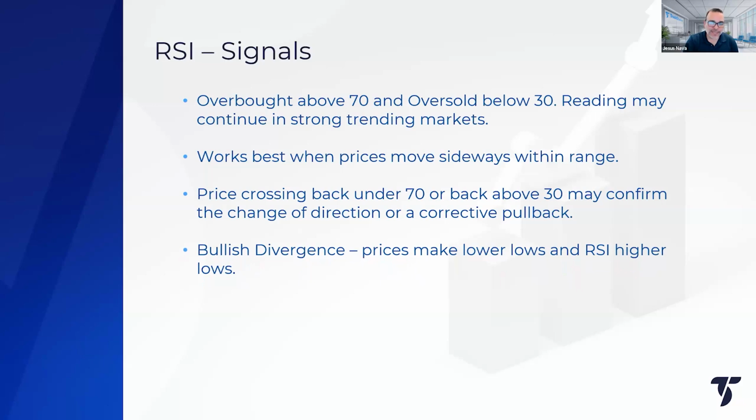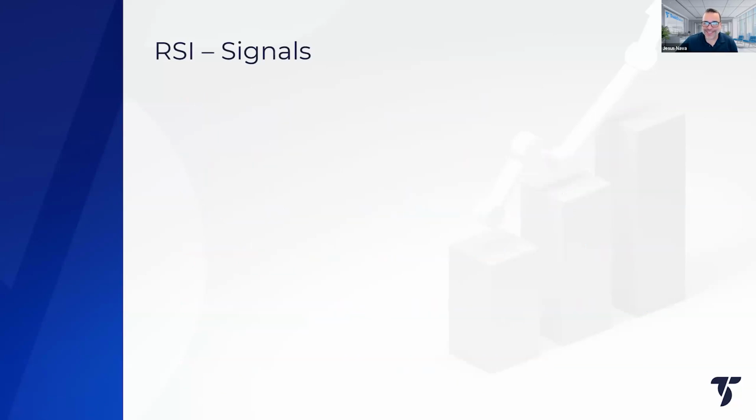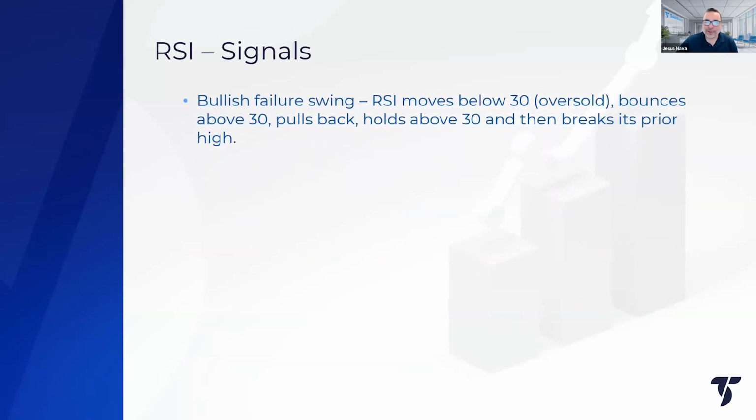So take a look at all the signals that are in here, because they're going to provide you different ways in which the RSI can be interpreted. I have the bullish and bearish divergence, which we talked about when we were reading about stochastic. Divergences are misleading in strong trends. And then you have these other ones that are bullish failure swing.